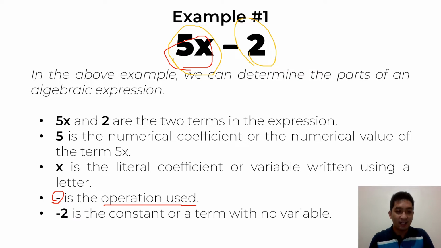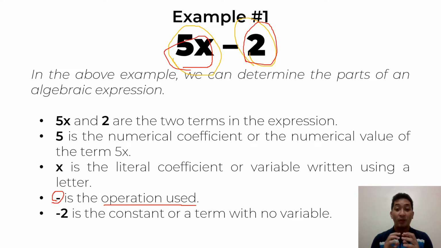And then the last one is negative 2. Negative 2 is the constant, or the term with no variable. The second term is 2 and it has no variable, or no literal coefficient. Wala siyang kasamang letter.